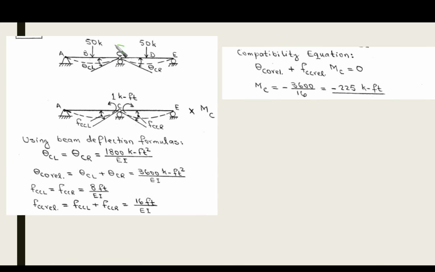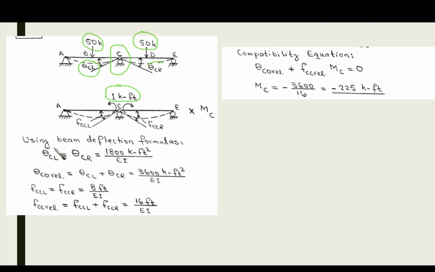Okay, so we are going to introduce our internal hinge at point C, and we are going to apply the external loads 50 and 50, and the primary beam is going to be also loaded with 1 K-foot at point C, as you can see, with a pair of moments applied here. Then we are going to calculate theta at point C left and theta at point C right.